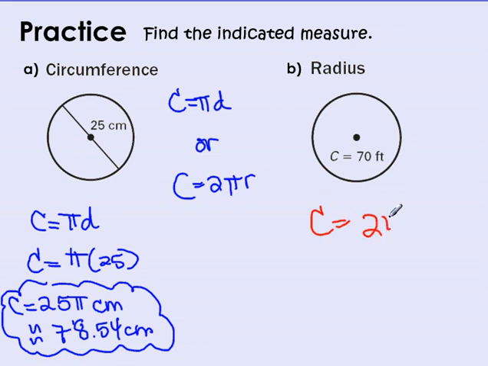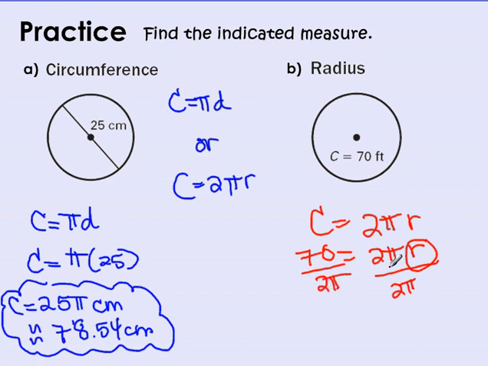So I know that circumference is equal to 2 times pi times r, and if I'm given that the circumference is 70 feet, you can substitute it in place of that measure and solve for r, which means both sides will be divided by 2 pi, and r will be equal to 70 divided by 2 pi, which in exact form would end up being 35 over pi, but more often we like our approximate measures, which would give us 11.1, and since it's feet, feet would be our units here.